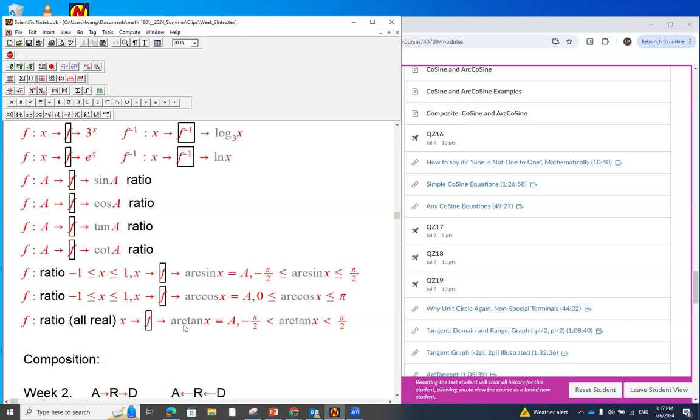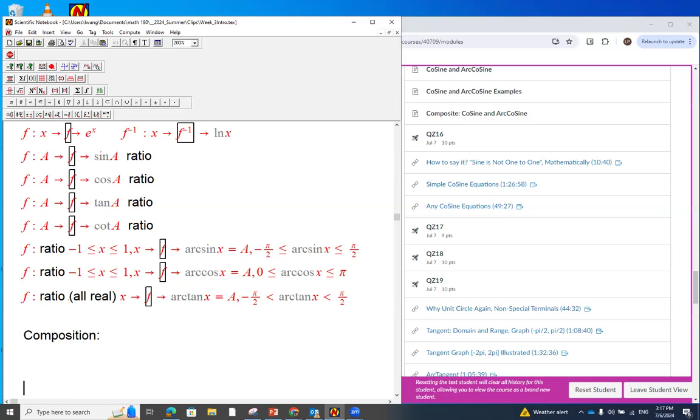By composition, we mean that there are various compositions, just to give you some examples: sine, arcsine composition; arcsine, sine composition; and similarly cosine, arccosine composition, and arccosine, cosine composition.